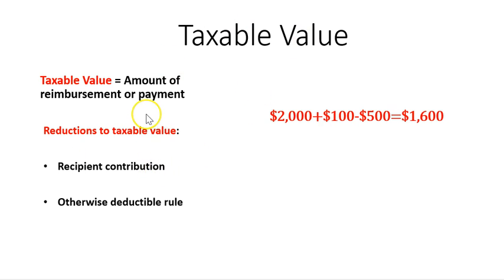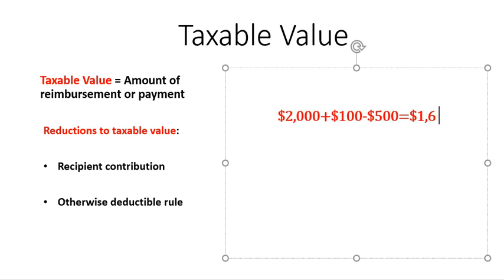So for expense payment fringe benefits, the taxable value is equal to the amount of reimbursement or payment. So reductions to taxable value can come in the form of recipient contributions or the otherwise deductible rule. So in our example, the company has paid for $2,000 of health insurance for Tony.